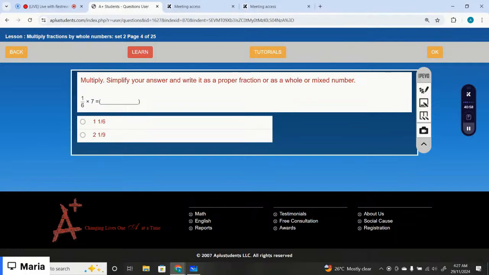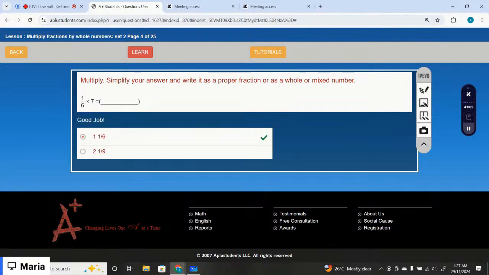The correct option is 1 whole 1 over 6. Option number 1 is the correct option. Very good.